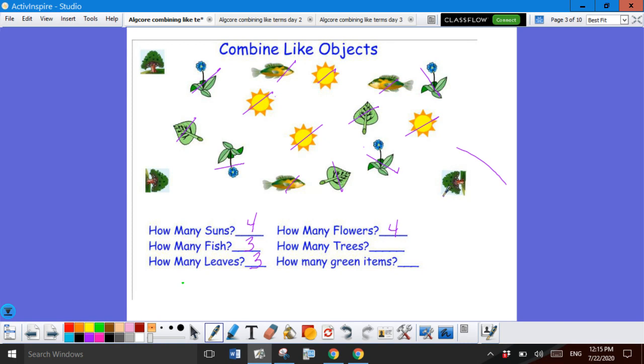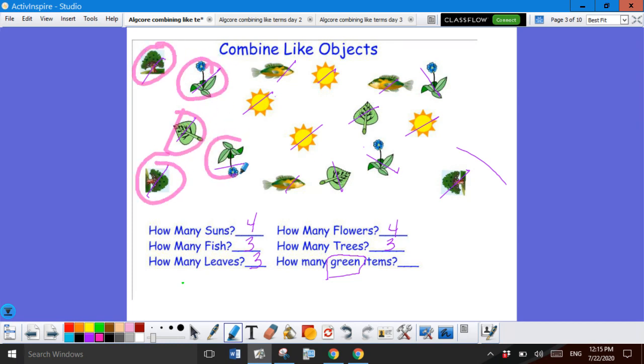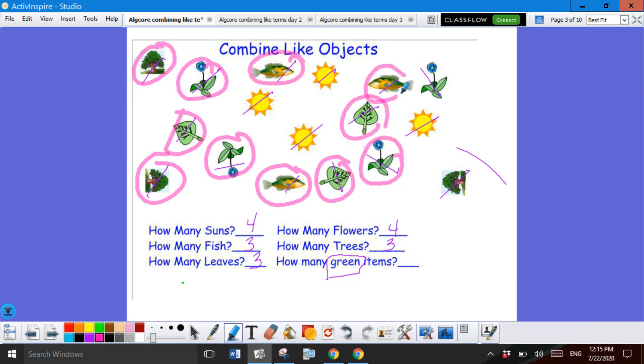How many trees? 1, 2, 3. How about green items? Okay, green items. Well, green, 1 through 13.